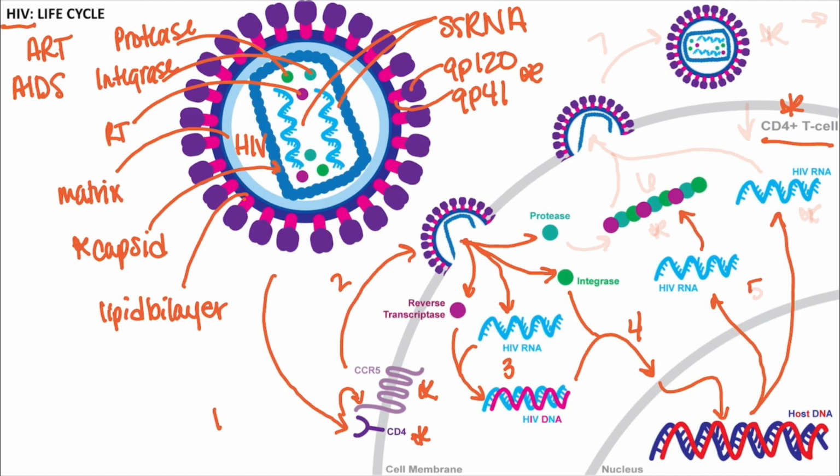So the host cell machinery is now transcribing the HIV RNA that is needed to make new viral particles, as well as translating some of this RNA into long protein chains of essential HIV enzymes.